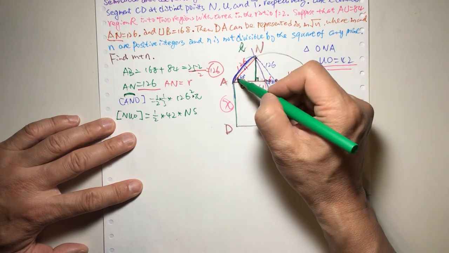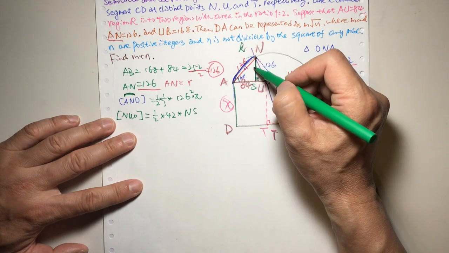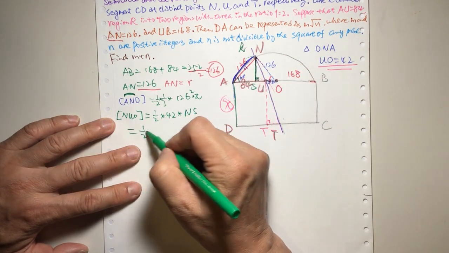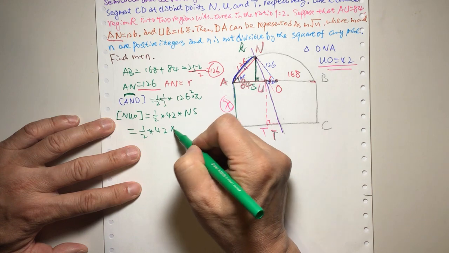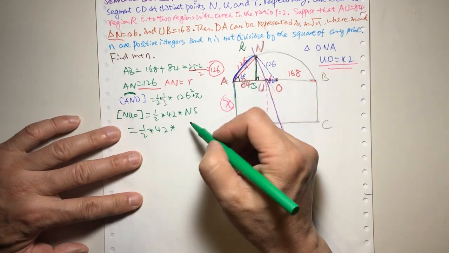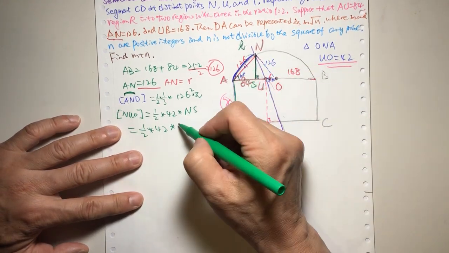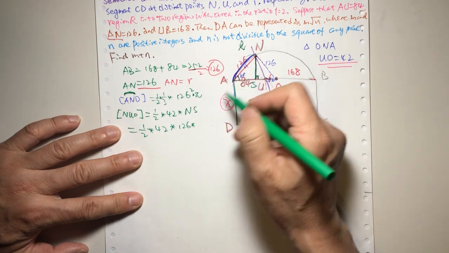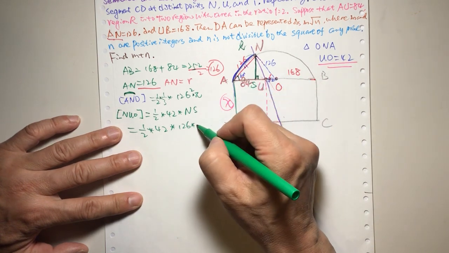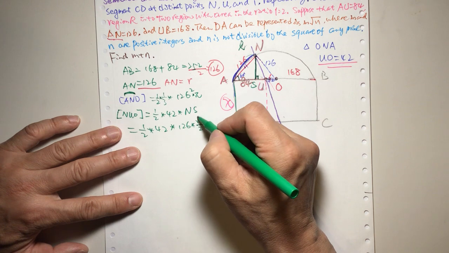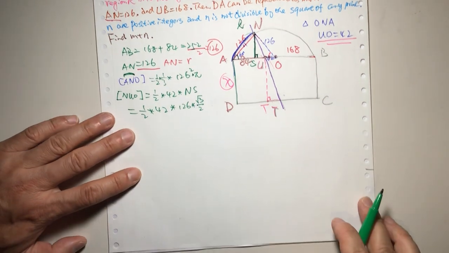Here the angle is 60 degrees, so it's 1/2 times 42 times NO, which is the same as AN, times sine 60 degrees. So that's it, right?